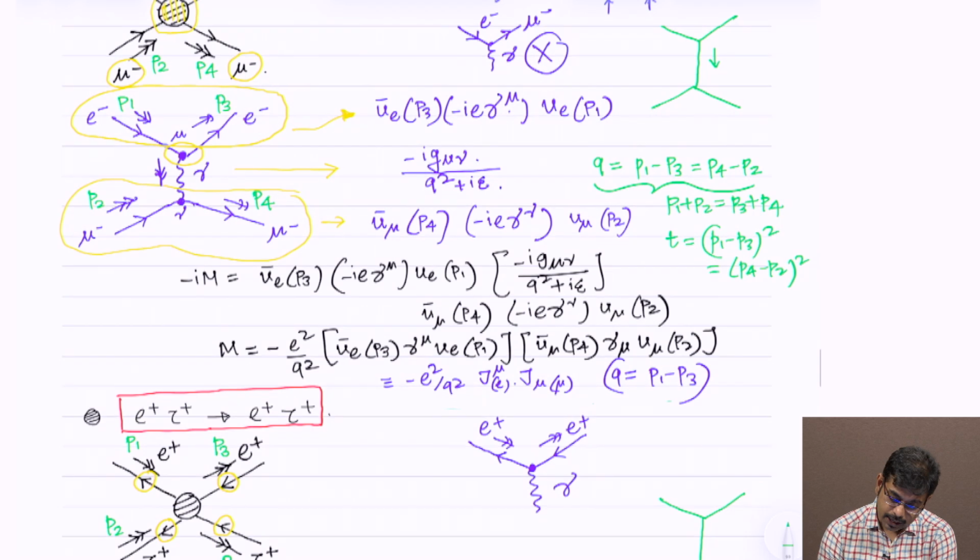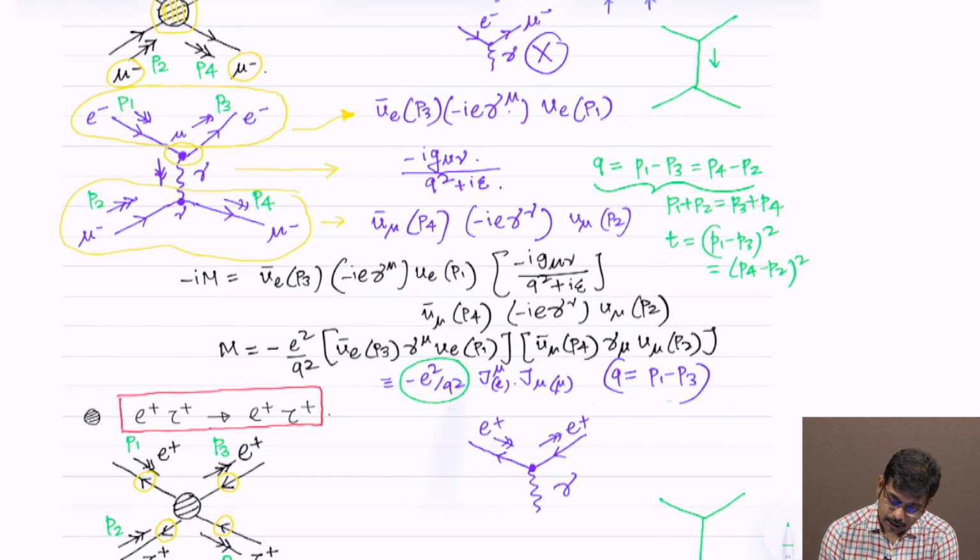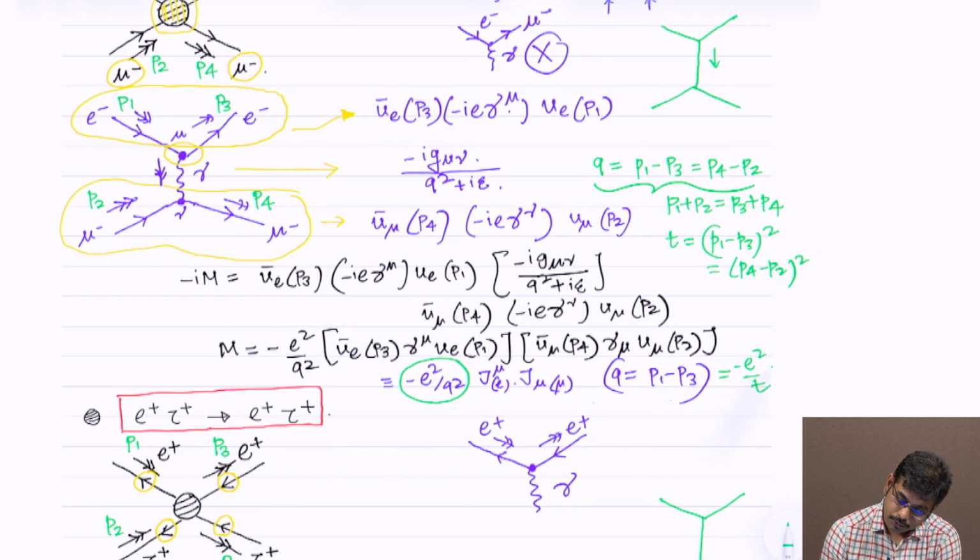So, in this amplitude, the propagator q square shows up in the matrix element as minus e square by t into j mu e into j mu mu.